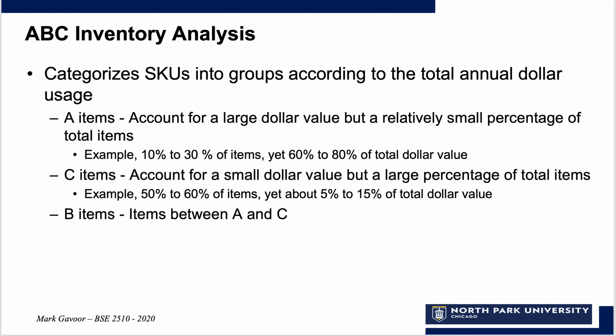But if you're making shoes, you have to carry every size and every width that you are planning to sell to the population you're selling to. So you can't just say, I'm going to get rid of some of those, and some of those are going to be C SKUs. A size 6 triple E men's shoe may not be a really popular seller, but you have to make it for the few size 6 triple E customers out there if you want to sell them shoes.